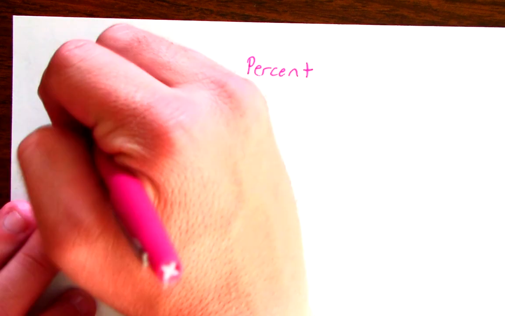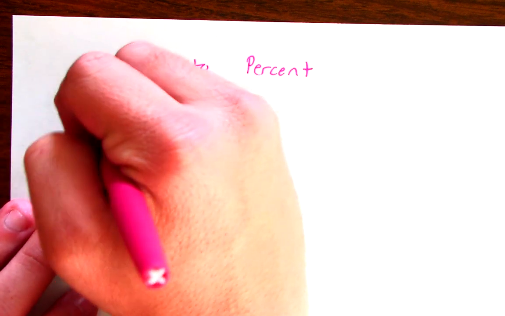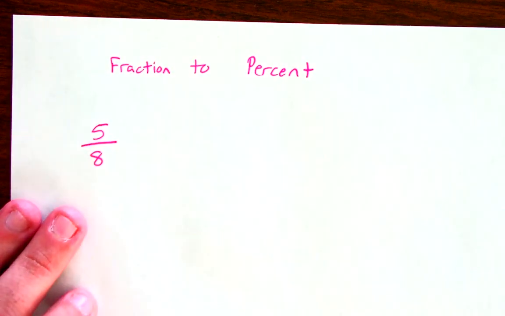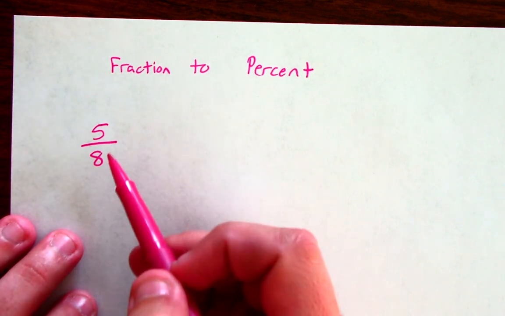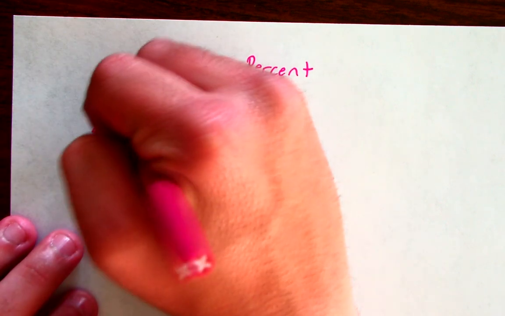The first one, let's say we have the fraction 5/8. This way will always work. Every single time will always work. Well, what I'm going to do is I'm going to turn this fraction into a decimal by doing top in, bottom out. It's just dividing.